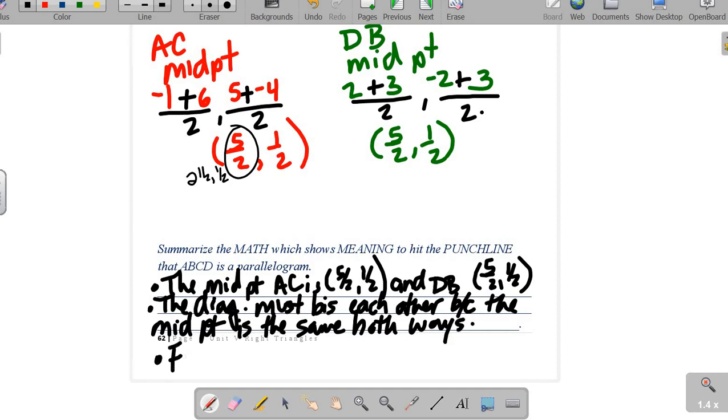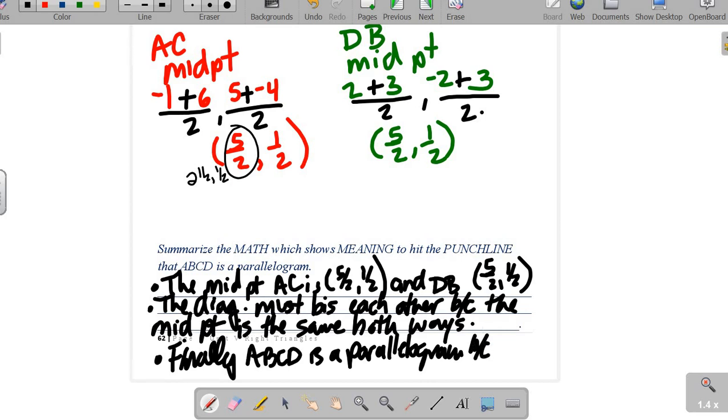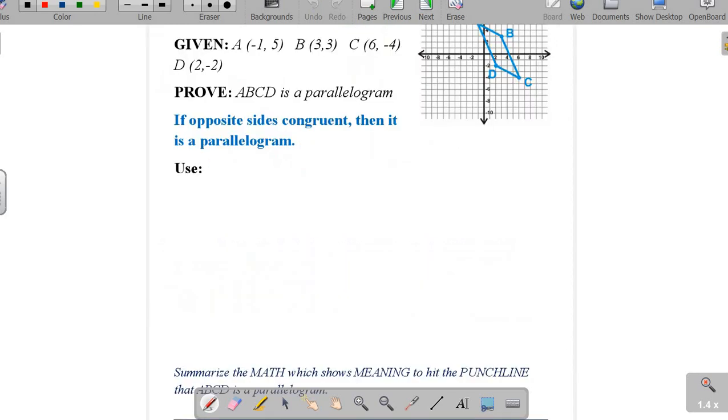Third, finally, ABCD is a parallelogram because diagonals bisect each other. Math, meaning, punchline.